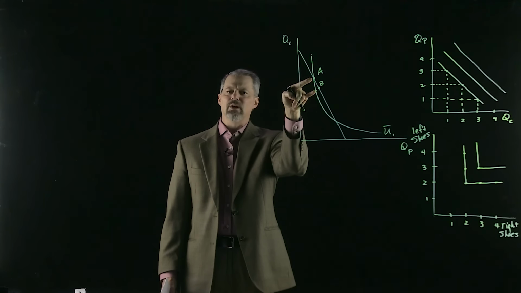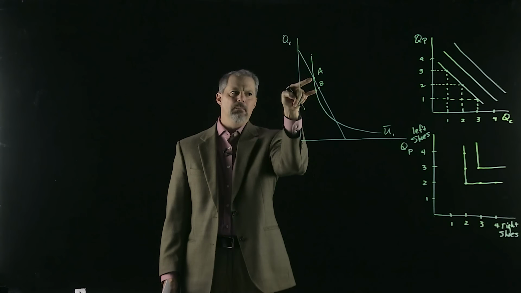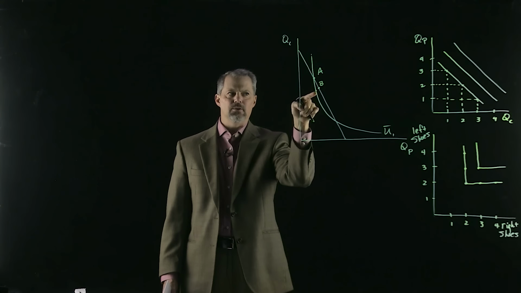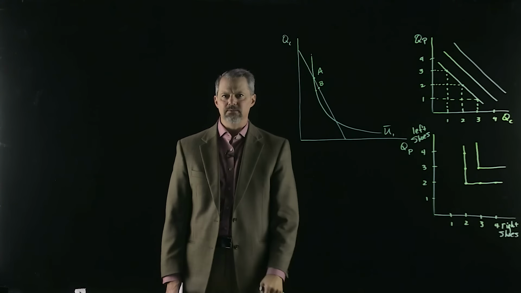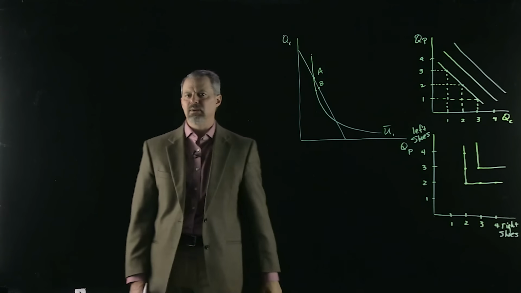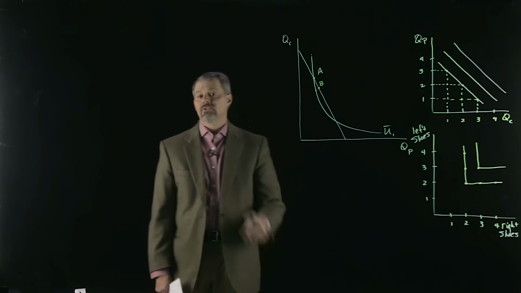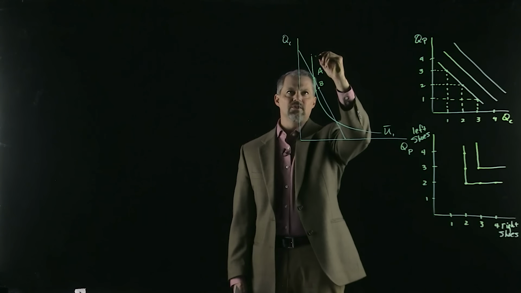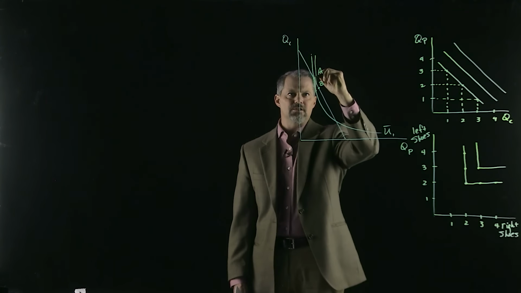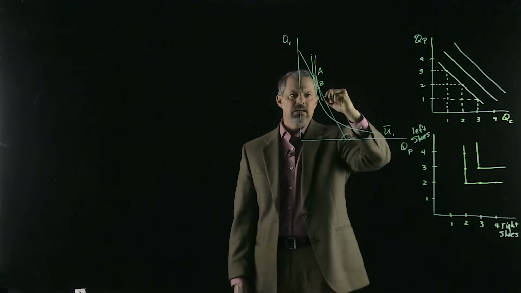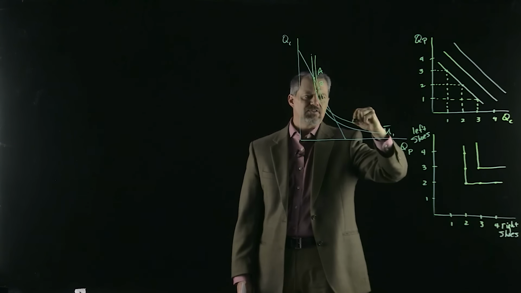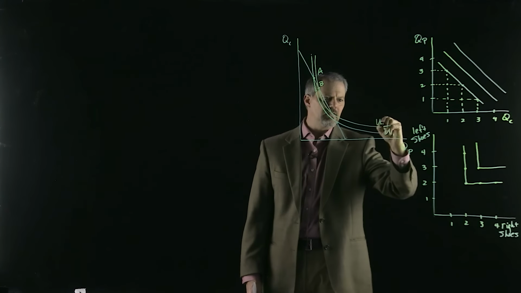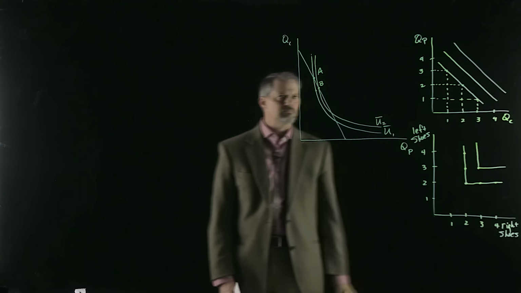But the consumer would have to like bundle B more than that one because bundle B has strictly more of both goods. So B is better. B would be on a higher indifference curve. So let's draw the indifference curve through that point. Let's suppose that it were to look like this. We draw the indifference curve through bundle B, and it comes down here and looks something like that. I'm going to call it indifference curve U2.